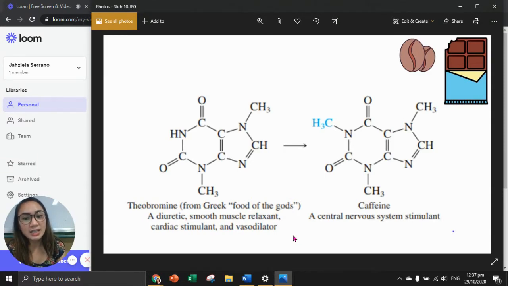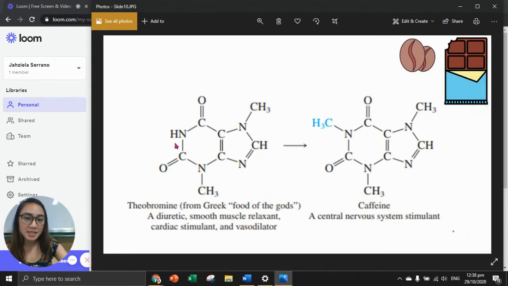And then, at the same time, aside from being a smooth muscle relaxant, it's also a cardiac stimulant and vasodilator. So, ibig sabihin parang somehow pinapataas niya yung heart rate mo.